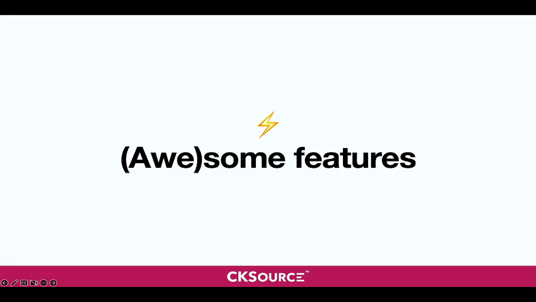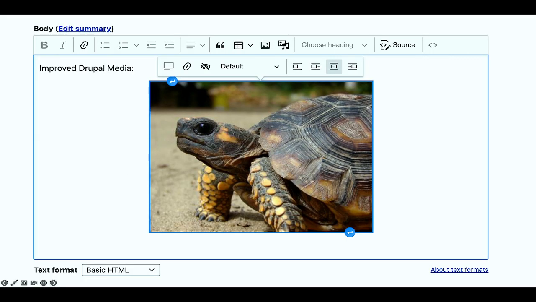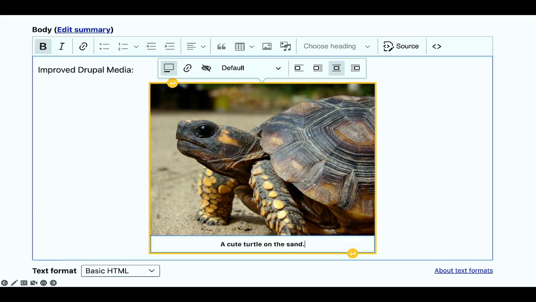So now let me go quickly through some new enhancements added to CKEditor 5 in Drupal. First of all, the new editor comes with a new, better, improved user interface. For example, media widgets now have a dedicated balloon toolbar attached, allowing users to quickly adjust embedded media. You can define captions directly in the editor.